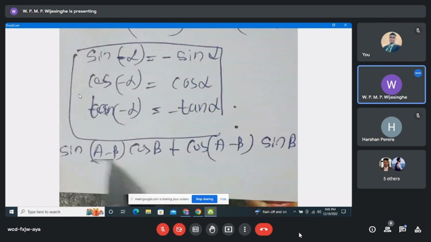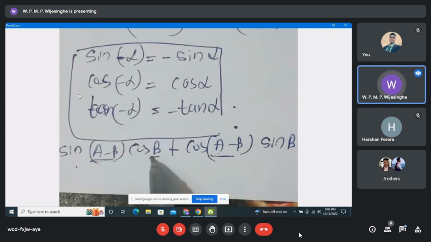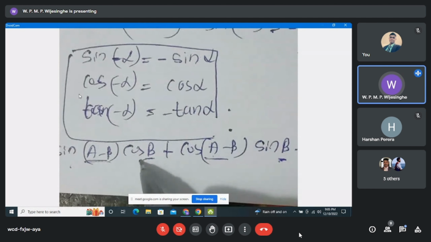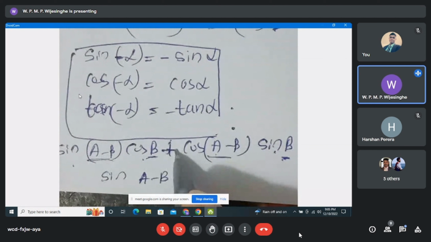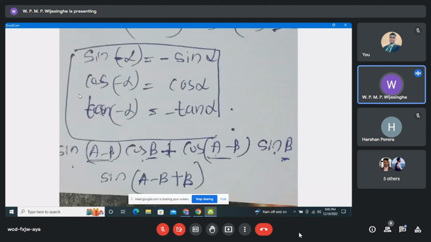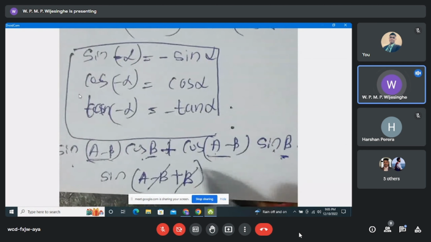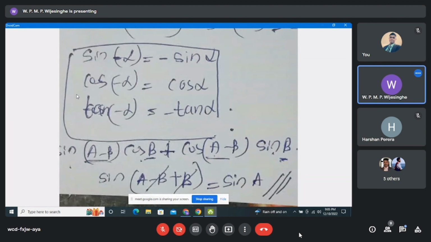Here, same angle, sin, cos. Here, same angle, cos, sin. Then I can write here sin of A minus B. Here it is plus. Then the summation of these two angles. Right? Then this one cancels and sin A.